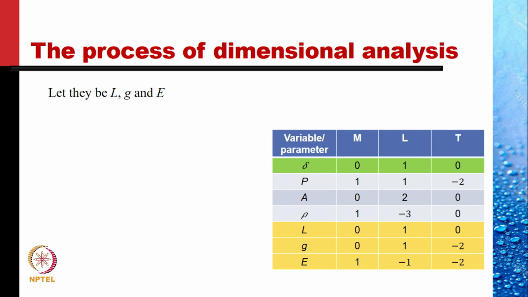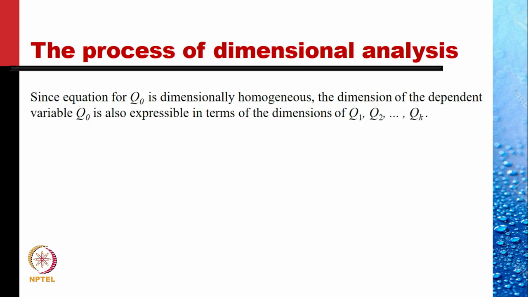For example, L, the length of the rod, has dimension L. And similarly, we can formulate a system which has a dimension only of time. Since the equation for Q naught is dimensionally homogeneous, the dimension of the dependent variable Q naught is also expressible in terms of the dimensions Q1, Q2 to Qk, the subset.